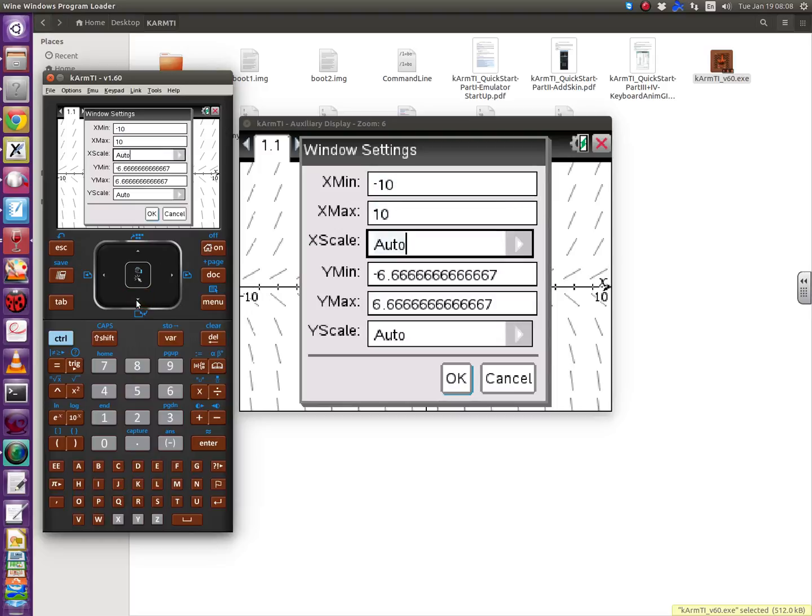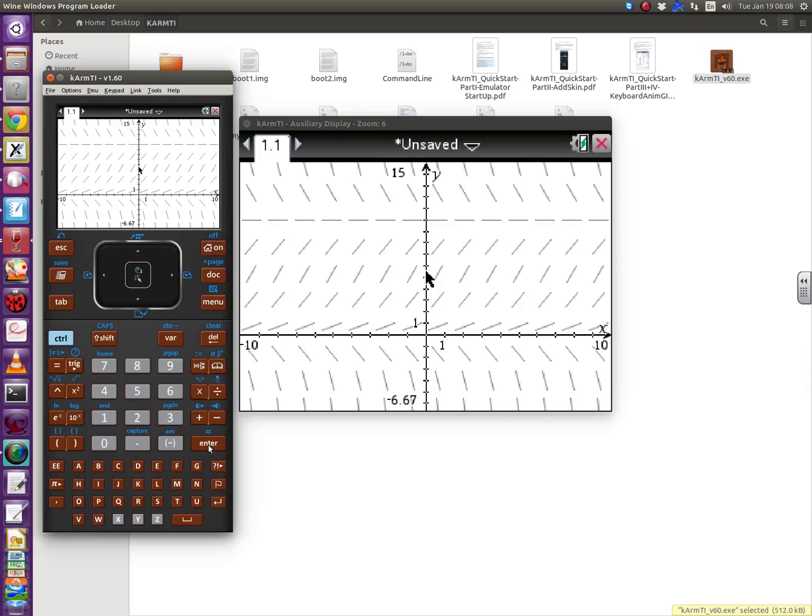I need a bigger y max, bigger than 10, so you can see what happens at 10. How about 15? Not going to be a square window, but that's okay. And there you go. So you're getting what they sort of showed you on the page: horizontal slopes at P equals 0, y equals 0, and horizontal slopes at P equals 10, or y1 equals 10.